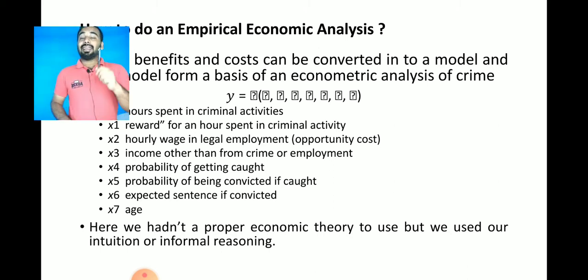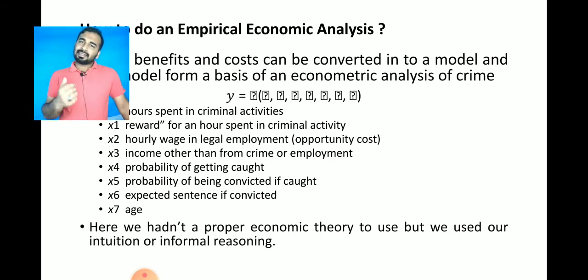Okay, then expected sentences if convicted. Suppose the person is caught and convicted, then how many years of sentence will be declared by the judges or by the legal authorities.